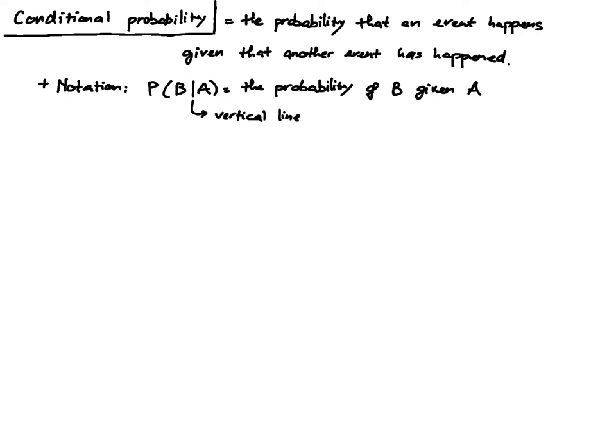It's not a backward slash or a forward slash. I see a lot of people use either a backward slash or a forward slash for this, but it's actually a vertical line.